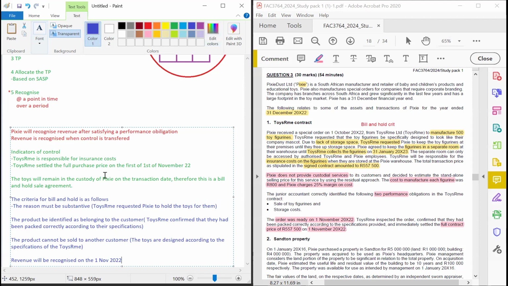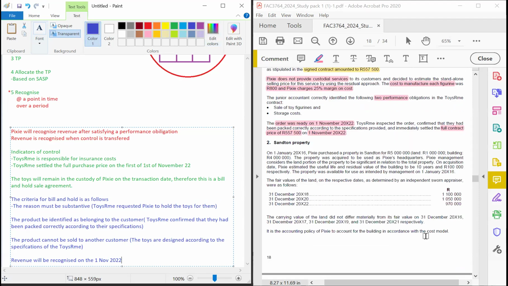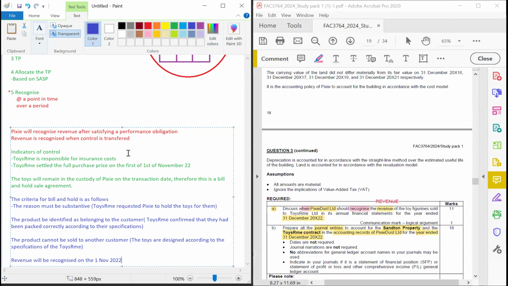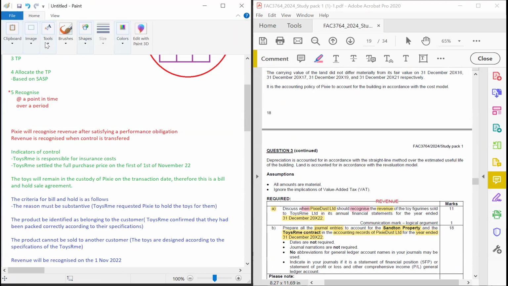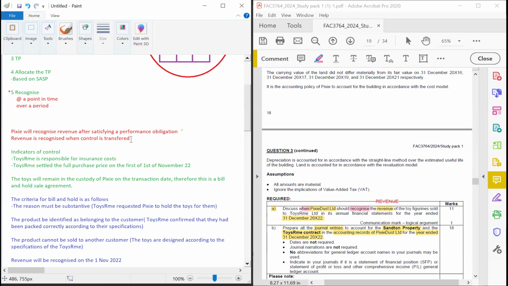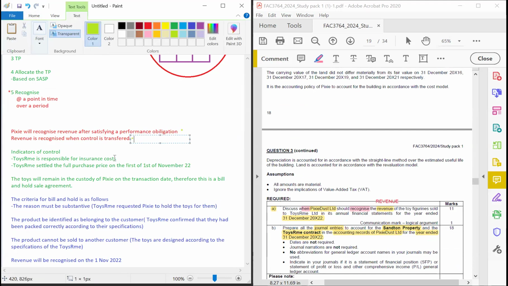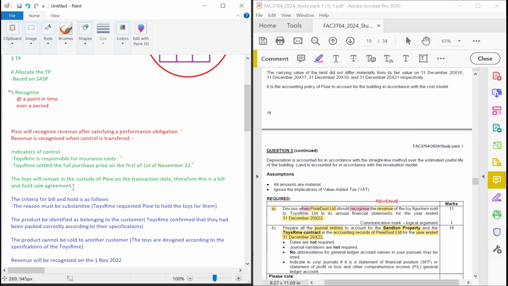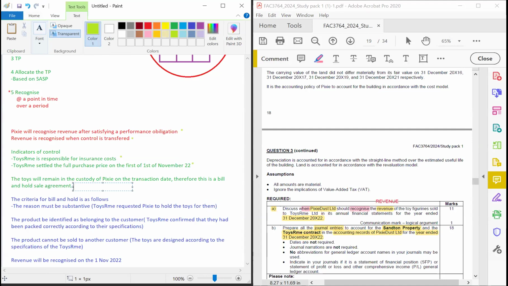As much as we didn't write a lot of points here, we have passed this question. If we count our marks, if we count our ticks, this would be 1, 2, 3, 4, 5.